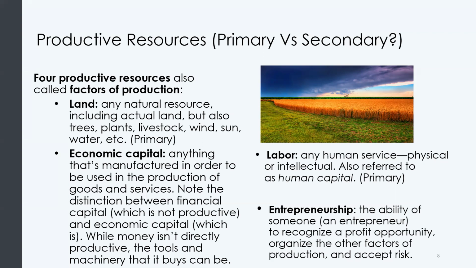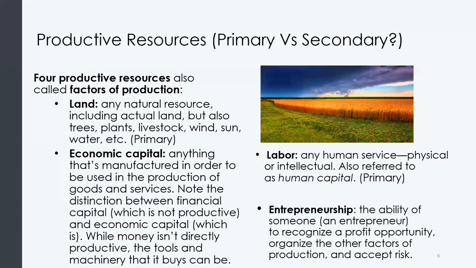Land, we have talked about it. The second one is labor. With labor, we are talking about our contribution as individuals to the economy. It is twofold. It is either physical labor, think of the people that work in construction, the builders, or those that work at the farms, doing the physical labor.